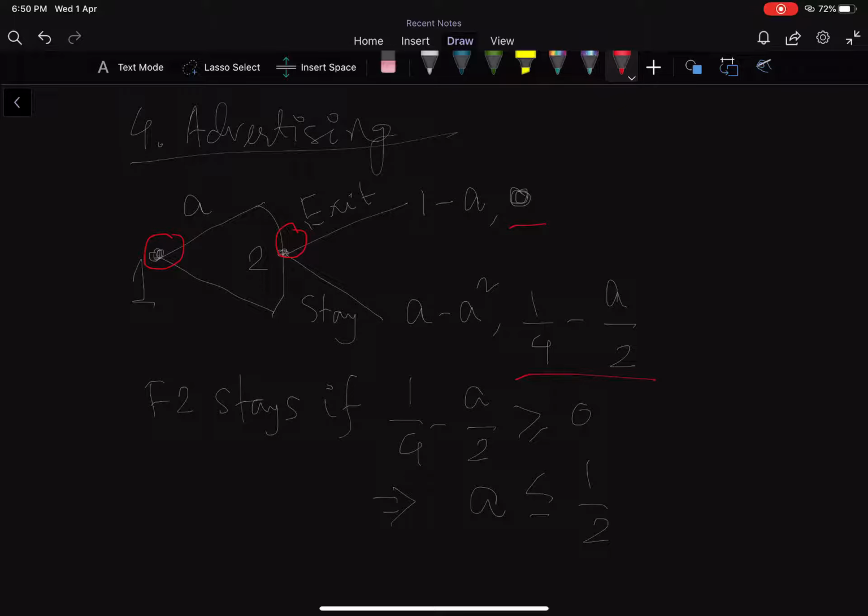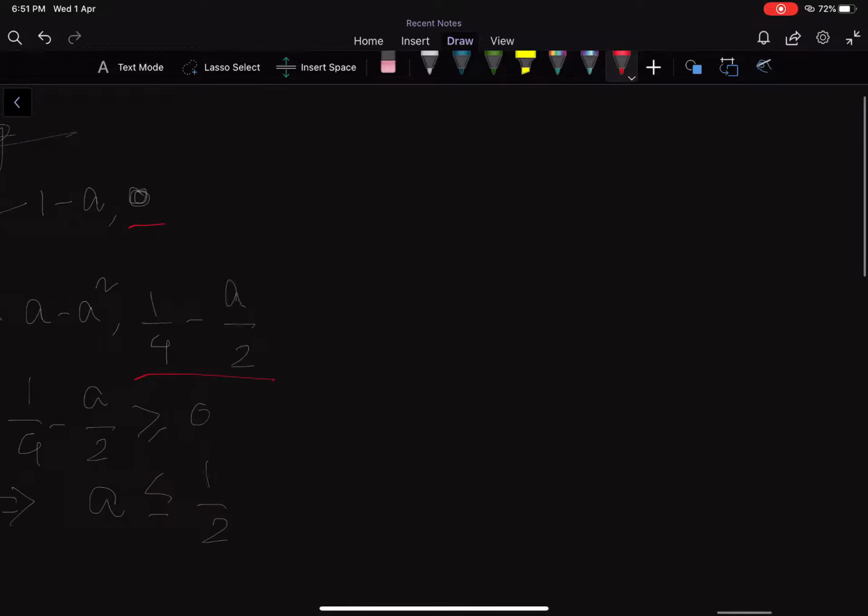And if firm 1 chooses A bigger than half, then firm 1's payoff will be 1 minus A. So let me write down firm 1's payoff: 1 minus A if A is bigger than half, and A minus A squared if A is less than or equal to half.